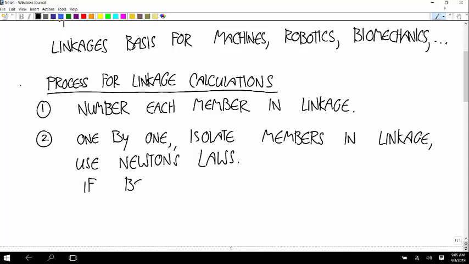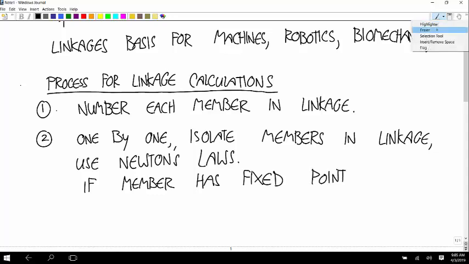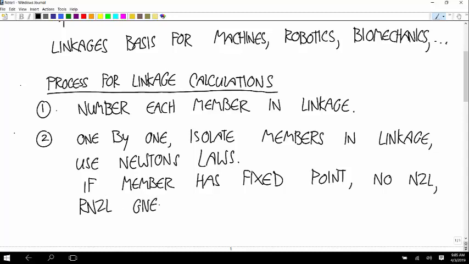If the member has a fixed point, do you use Newton's second law or not? Right, if it has a fixed point, you're not going to use Newton's second law for translation. And so the rotational Newton's second law gives one equation.